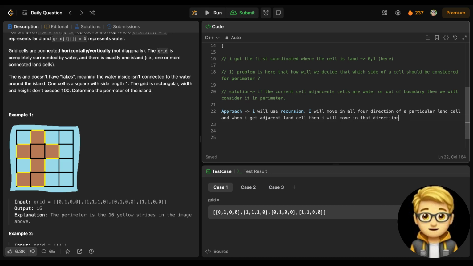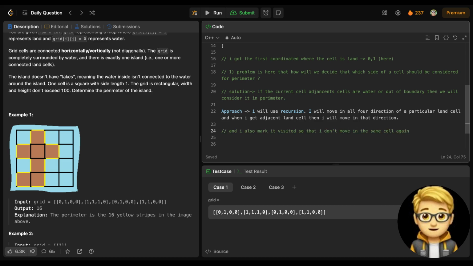I also mark it visited so that I don't move in that direction, to the same cell again.